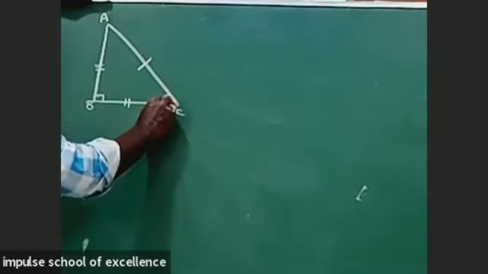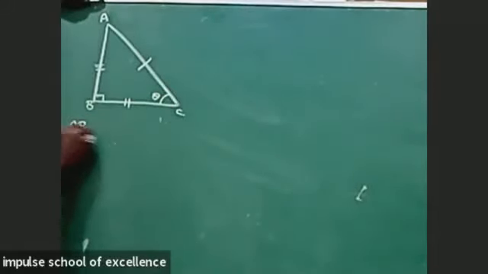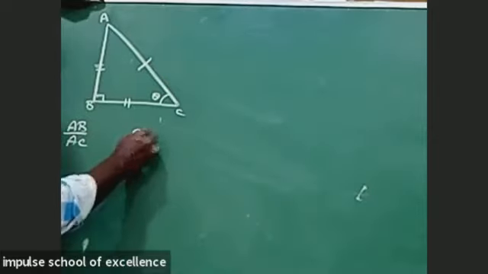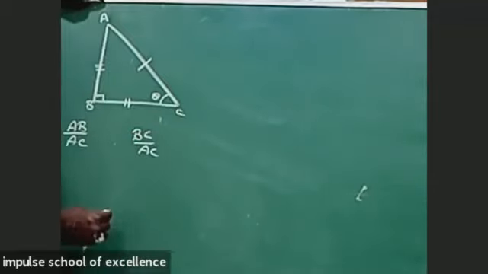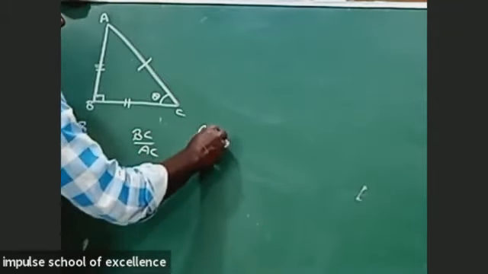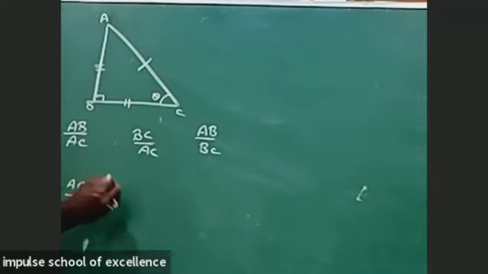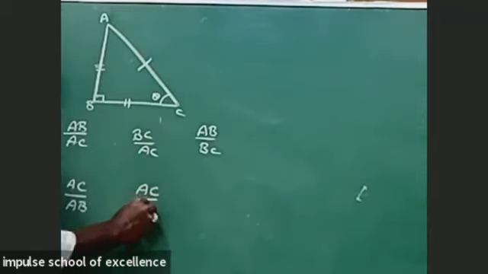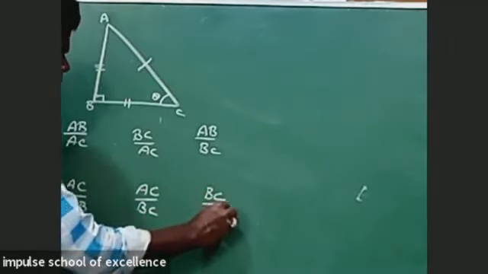Let us take the angle as theta. First we can write AB by AC as one ratio, BC by AC as another ratio, and AB by BC as one ratio. In the same way, the reciprocals: AC by AB is another ratio, AC by BC is one more ratio, and BC by AB is one more ratio.